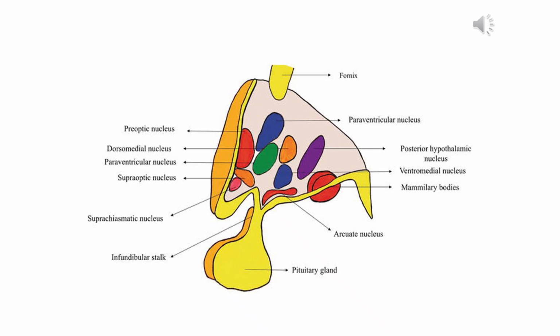The next nucleus shown there is the arcuate nucleus. The arcuate nucleus is best known for being the secretor of a hormone called neuropeptide Y. Neuropeptide Y is released by the arcuate nucleus when it is stimulated by ghrelin.